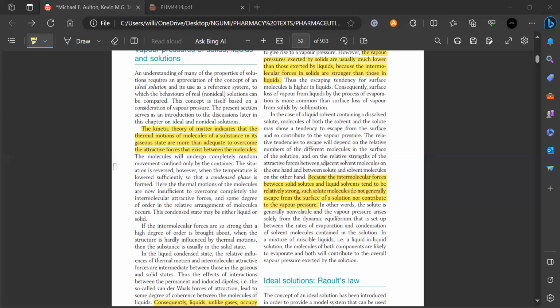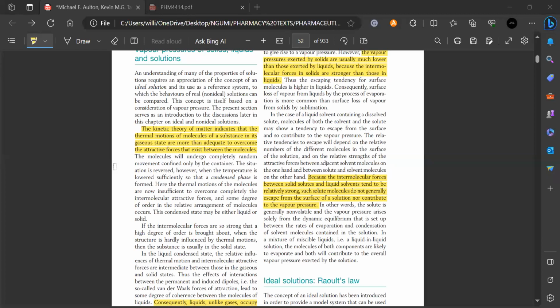What does this mean? This basically means that the thermal motions which are usually present in the gaseous state are the reason why gases have so much intermolecular space between them, while the thermal motions present in solids are not adequate enough to overcome the attractive forces present within the solid.